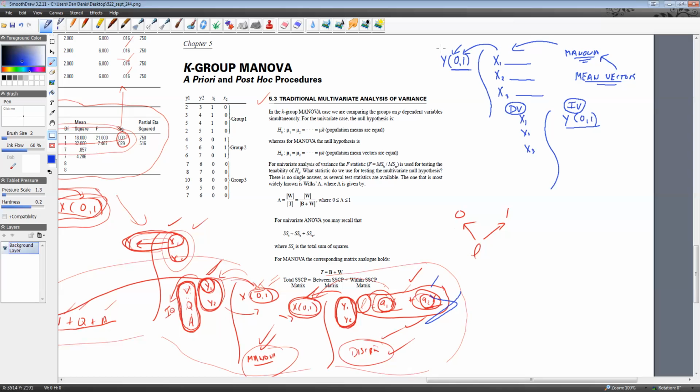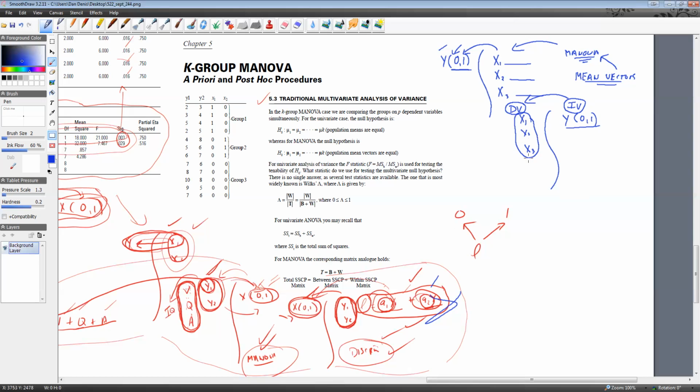Simple linear regression, this has to be continuous. Multiple linear regression, this has to be continuous. So you see what's happening in the flip here: we want to predict a linear combination of these variables x1 through x3.